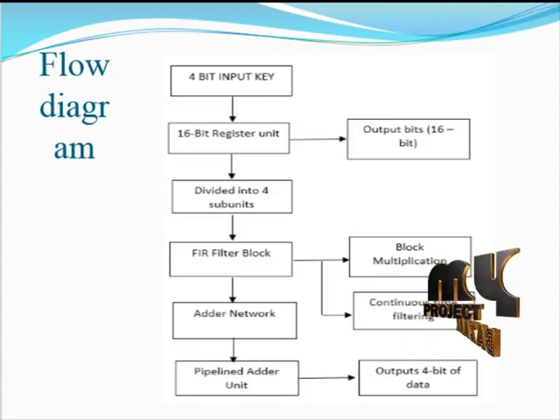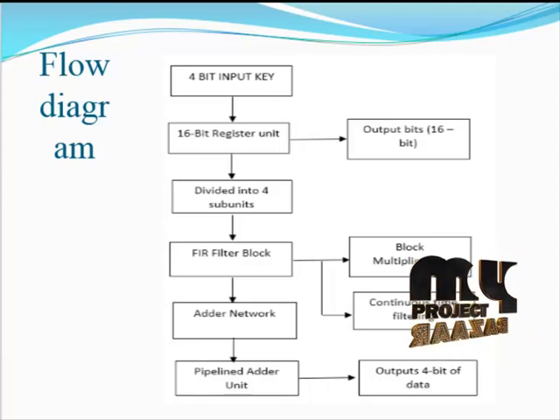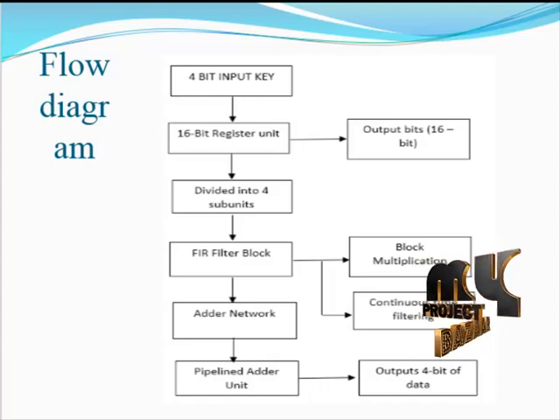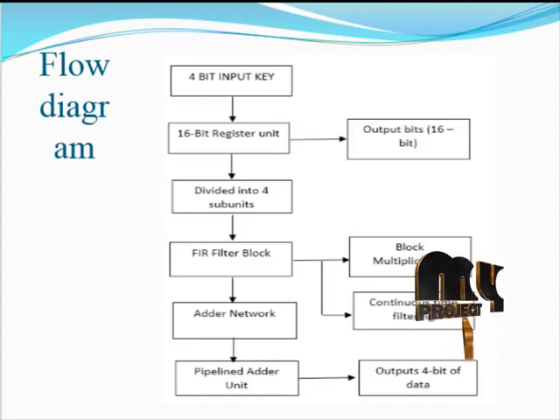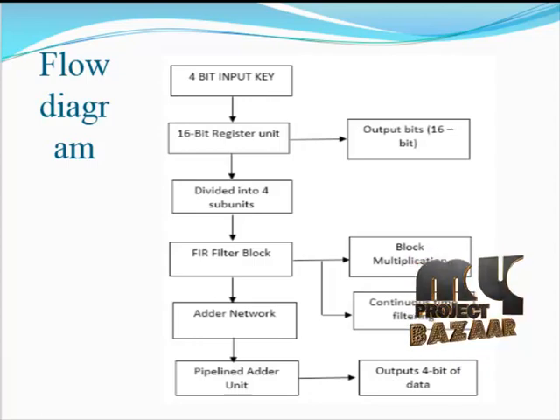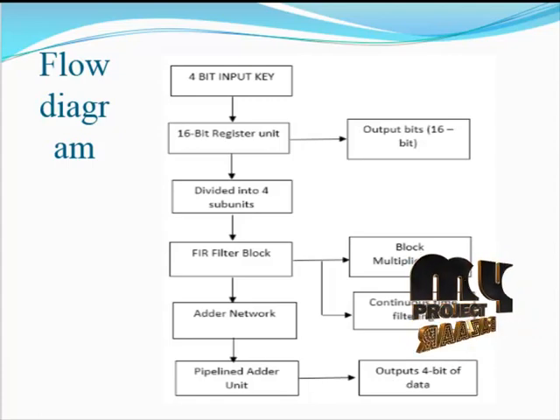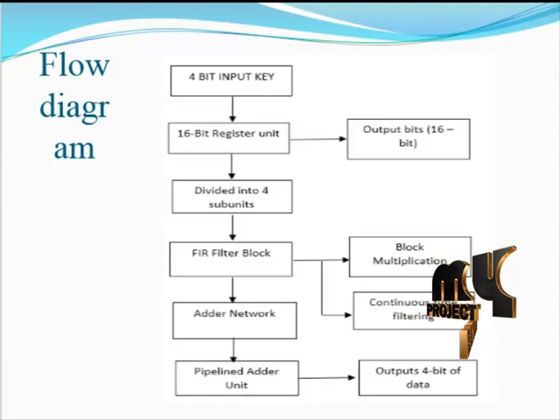The FIR filter has a multiplier block and also an adder block. The first bit of the 16-bit data is multiplied in multiplier 1, and the second bit of the 16-bit data is multiplied in multiplier 2.